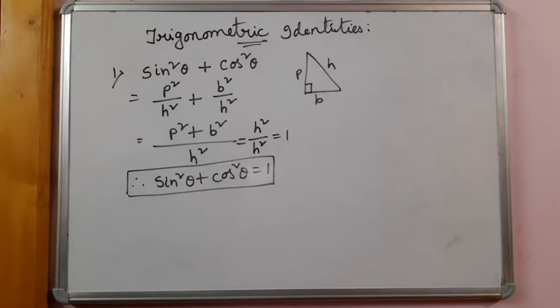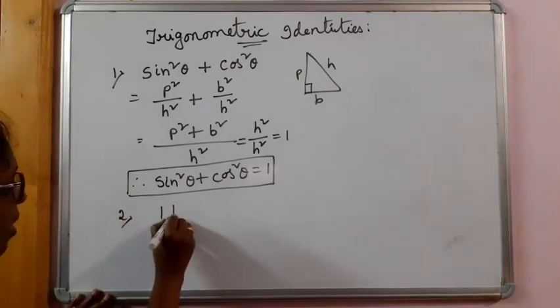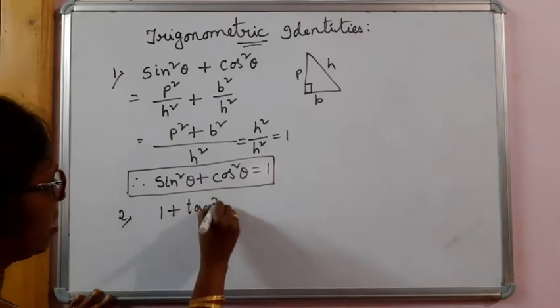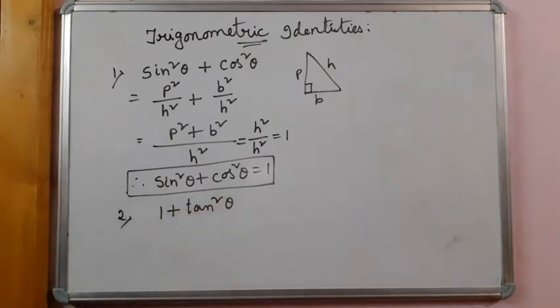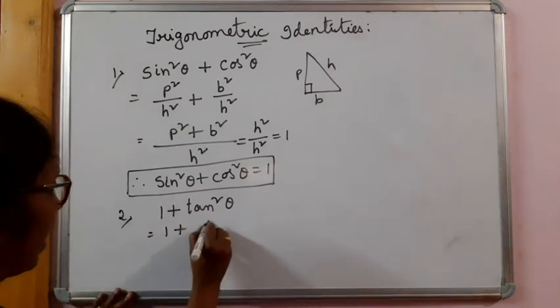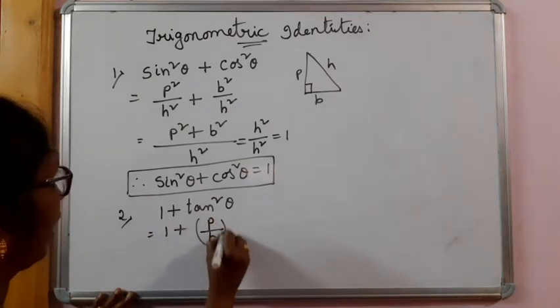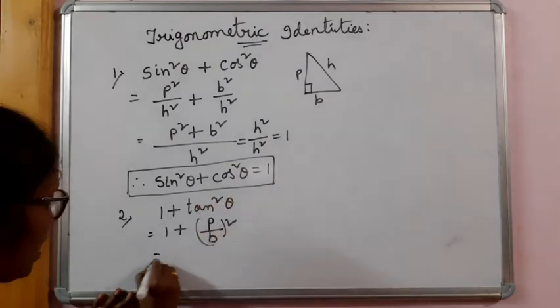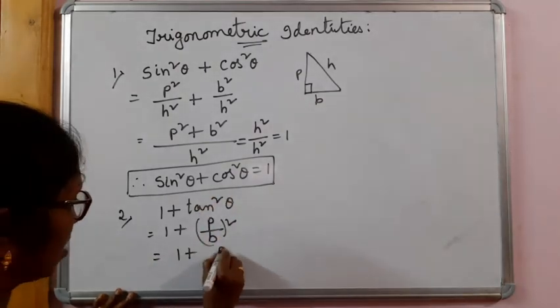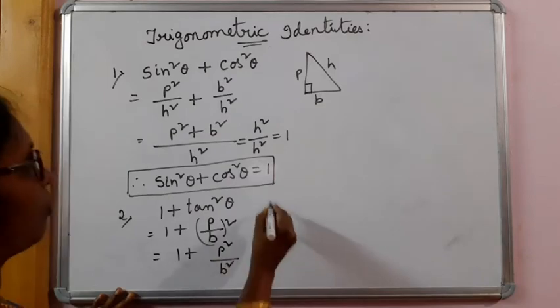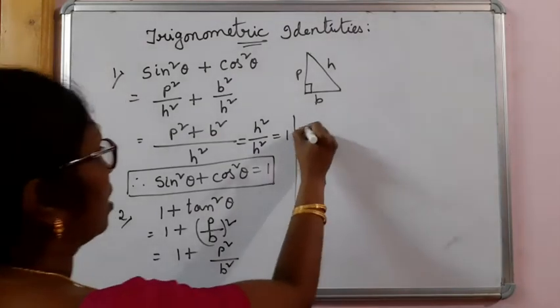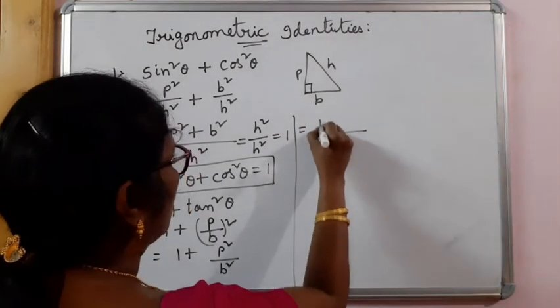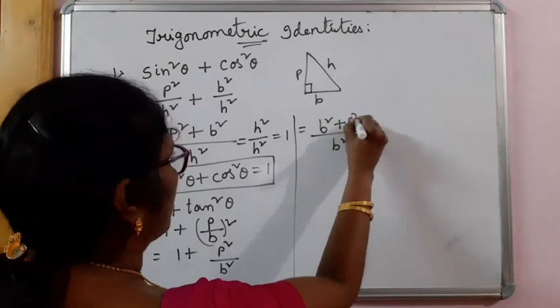Now let us have one more identity. Let us find the value of 1 plus tan square theta. Tan theta is p by b, whole square, or p square by b square. So 1 plus p square by b square. Taking b square as the LCM, you will get b square plus p square.